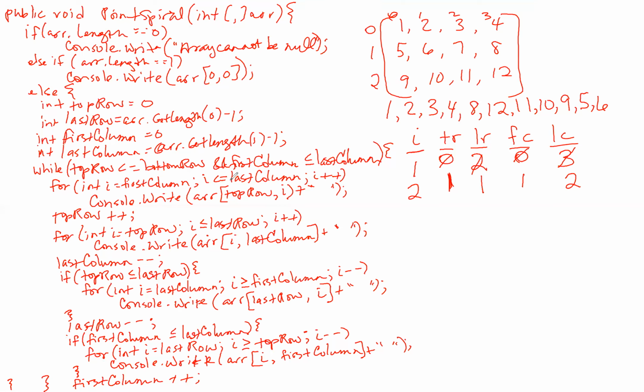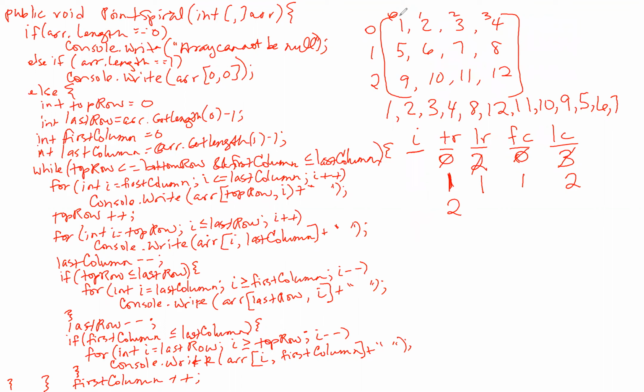So then we go in and we say array at top row, which is 1, at I, which is 2, and we print the 7. Okay, I plus plus. Okay, now 3 is not less than or equal to 2. So we get out of that for loop, and top row plus plus. So top row becomes 2. All right, and then we move on to the next for loop.